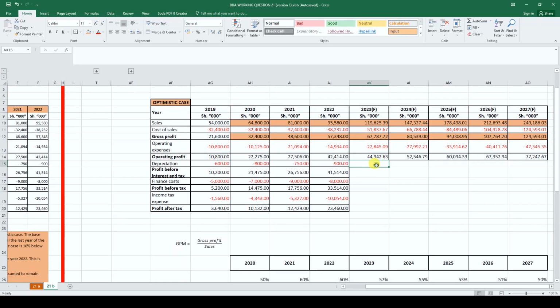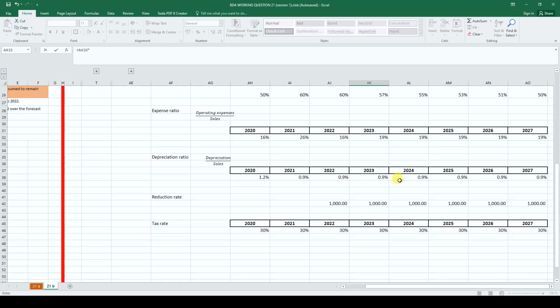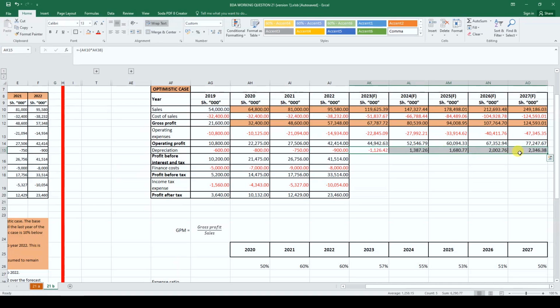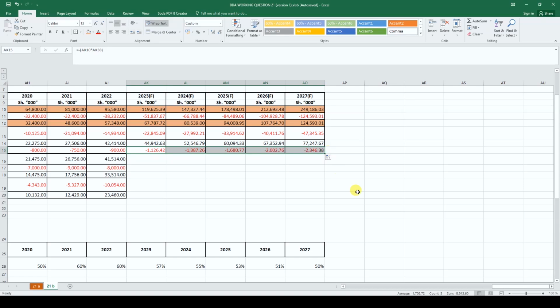So it's just going to be plus sales times depreciation ratio, 2023, there. Enter. Once we have that, we drag the formula towards the right, and we ensure consistency. So minus, then we open the brackets, close the bracket like that. Enter. But now here it should be negative. Oops, like that.